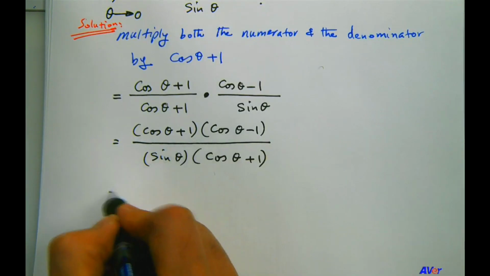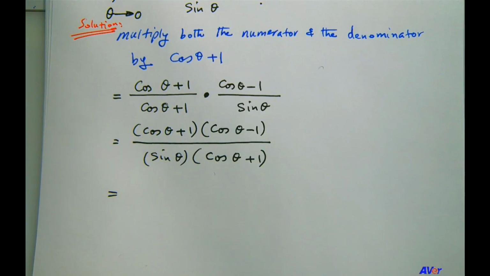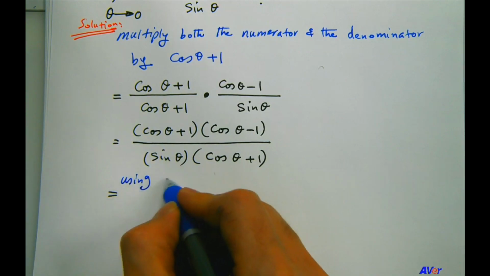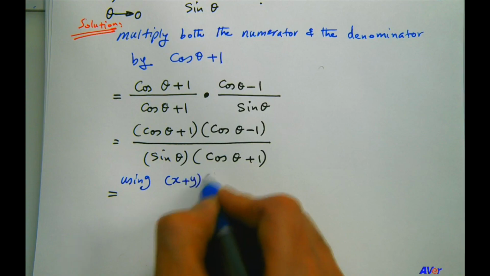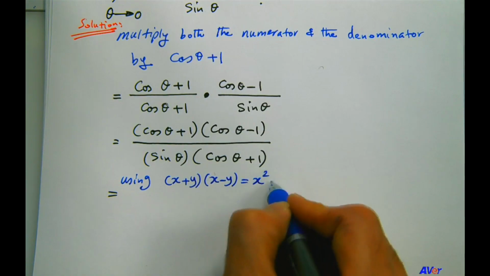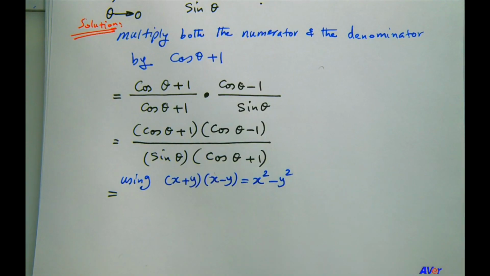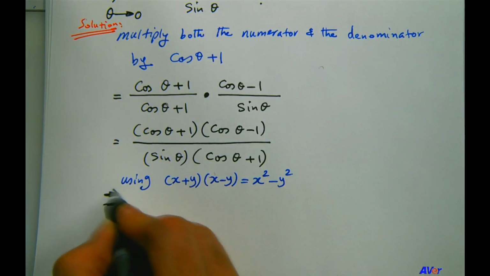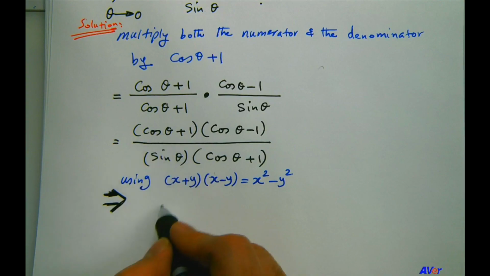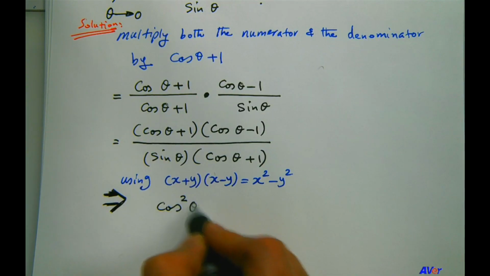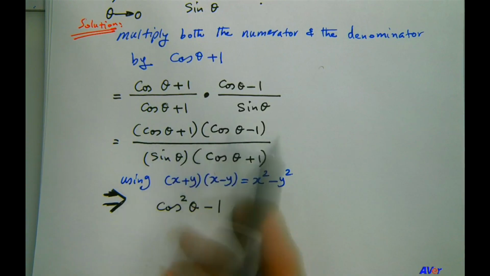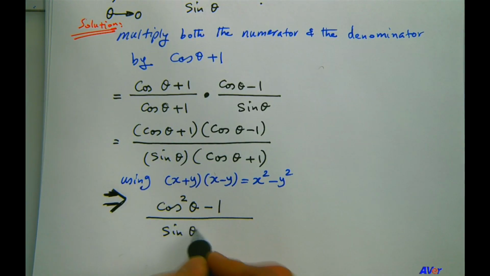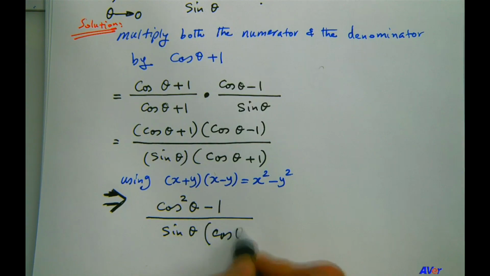Now, for the numerator, using this expression from pre-calculus, x plus y times x minus y equals x squared minus y squared, we can write cosine squared theta minus 1 for the numerator, and that is divided by sine of theta times cosine of theta plus 1.